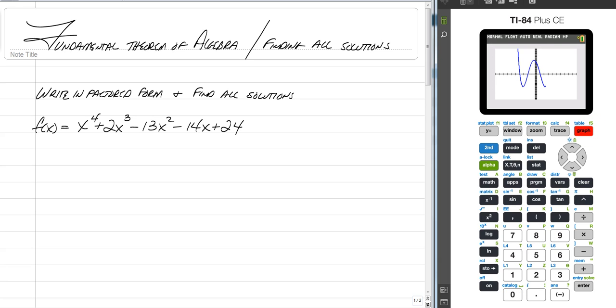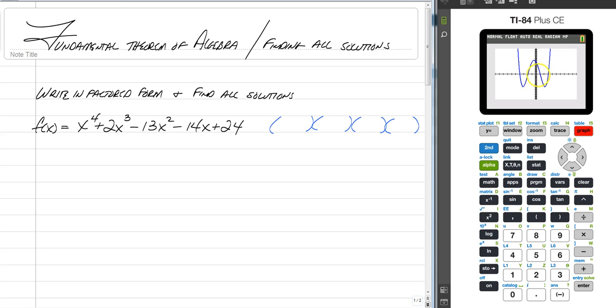And we are going to see that this graph crosses the x-axis 4 times. Now, the reason I'm showing you that is because that means we're actually going to be able to take a really awesome shortcut for this problem. And in factored form, this one is going to have 4 real solutions because it crosses the x-axis 4 times.